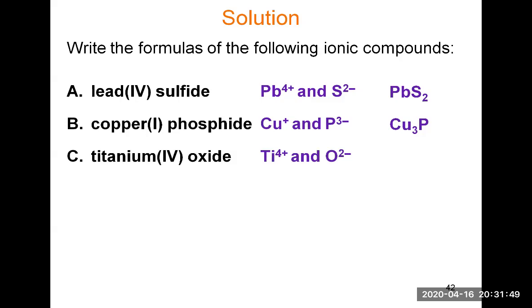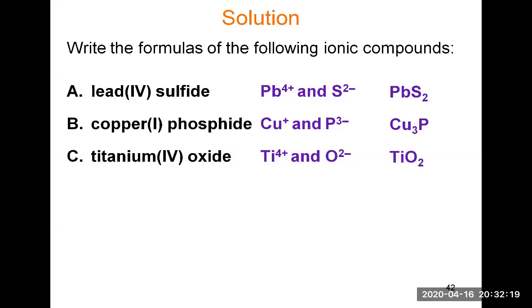Keeping them in this order, do the crisscross trick. The 2 from the negative charges of oxygen becomes a subscript for Ti, and the 4 from the positive charges on titanium becomes the subscript for oxygen. And so it would be Ti2O4. 2 and 4 are multiples of 2 and can be simplified to 1 and 2.